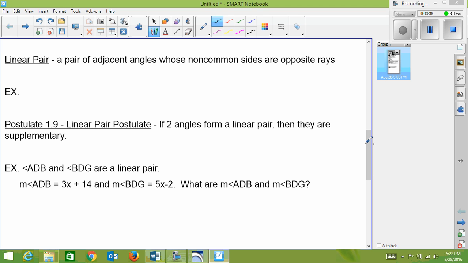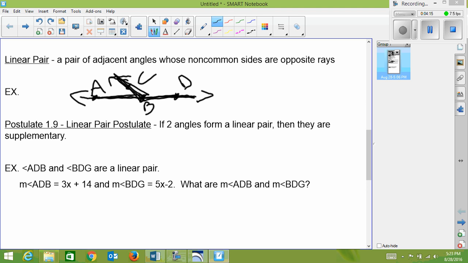That is a pair of adjacent angles, so that means they're connected, whose non-common sides are opposite rays. So here is an example of this. And we'll just call this A. We'll call the vertex B, C, and D. So on here, angle ABC and CBD would be a linear pair.